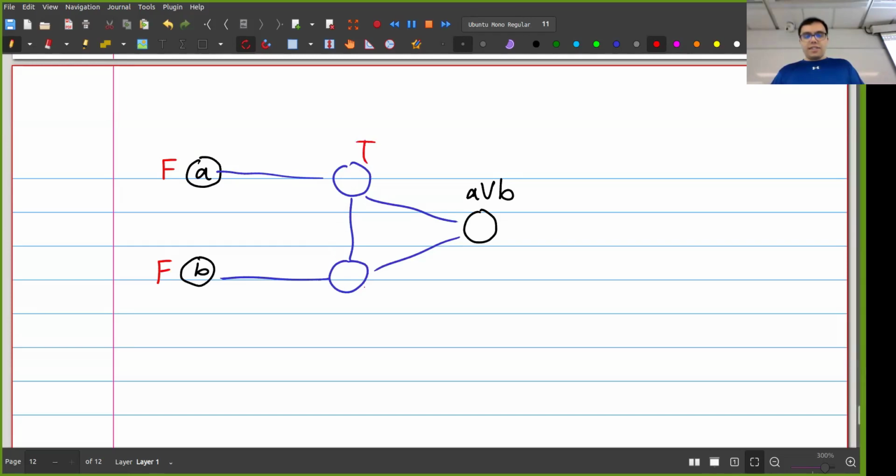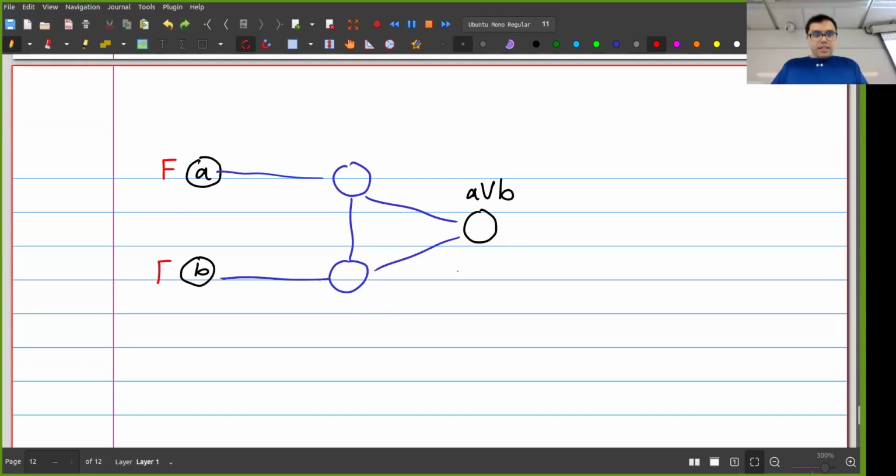So I either have this, TD, or I have this, DT. In any case, one of them is going to get the same color as vertex true, and the other one is going to get the same color as the dummy vertex. No matter which one, this one has to be colored F, right? So if both A and B are colored F, then this vertex is also forced to be colored F.